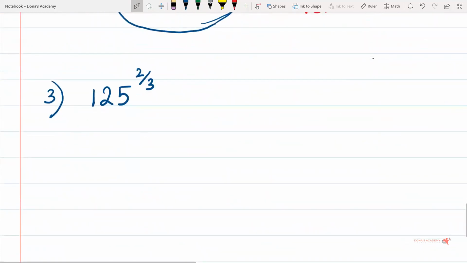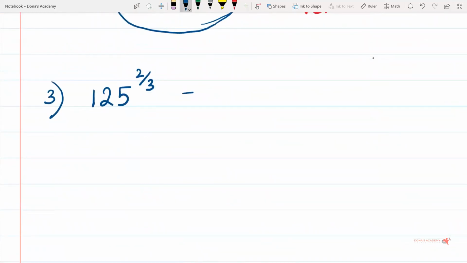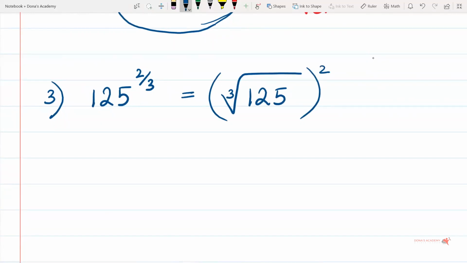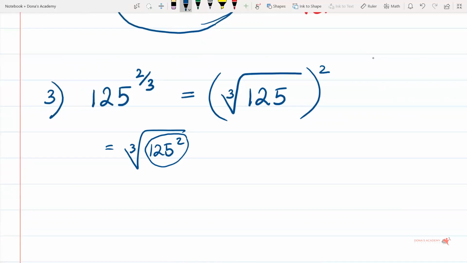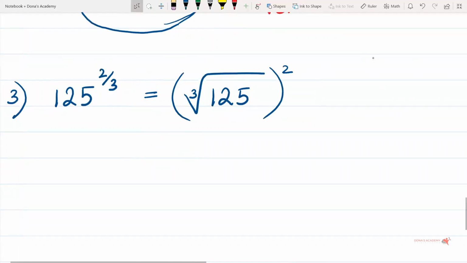Alright, so if I use that, then this is the same as the third root of 125, squared. It is the same as the third root of 125 squared, but it is complicated because then I have to consider the third root of a very big number. So here this is easy because we take the square after simplifying this piece. Okay, so that's why I'm using this version.